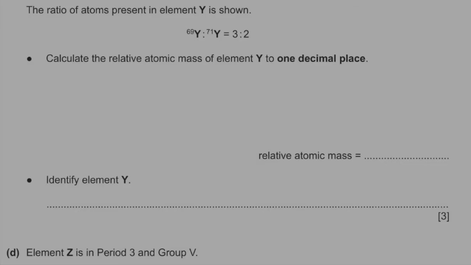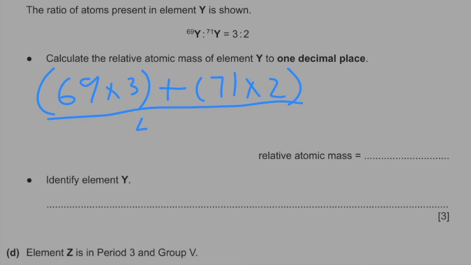So we have 69 into 3, which is the ratio, and then we add the other isotopic mass into its ratio, and then we divide by the total of the ratio, which is 3 plus 2, which is 5. And so we have 349 divided by 5, and so the relative atomic mass is 69.8.